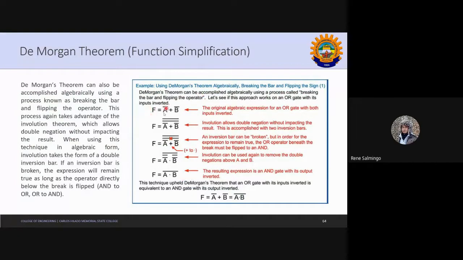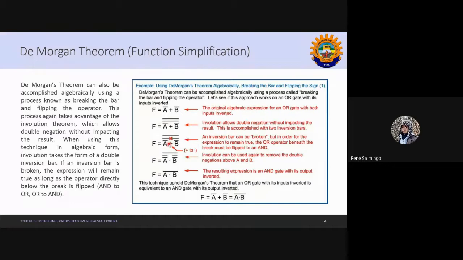And also we have some function simplification. So this is a traditional method. So f equals a prime or b prime. This is the original. Then if you put two bars, what will happen? You have involution, so double negation, but the result would be the same.